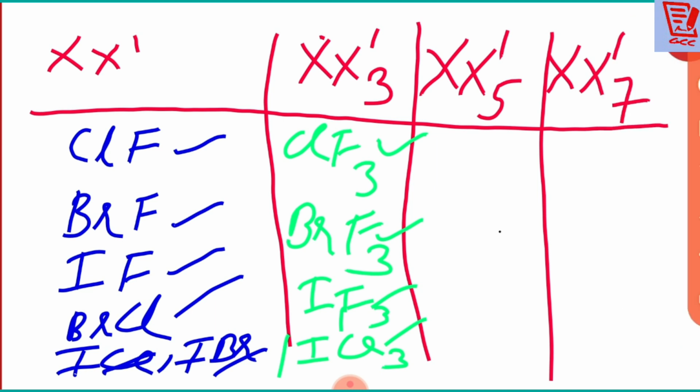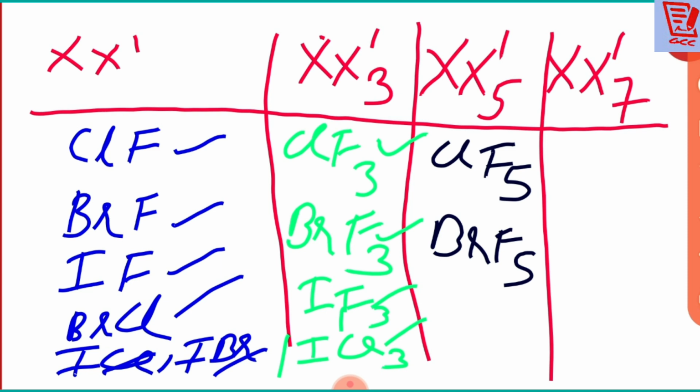After that students, the next examples are about XX'5. Whenever we are talking about XX'5, the examples are ClF5, then BrF5, then IF5. Is that clear to you?